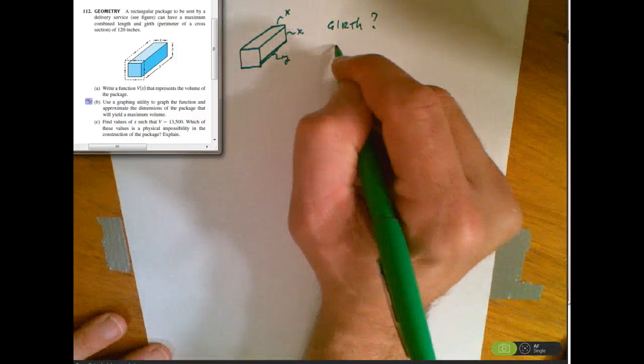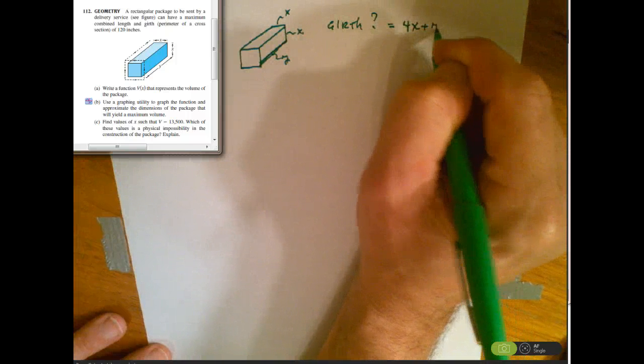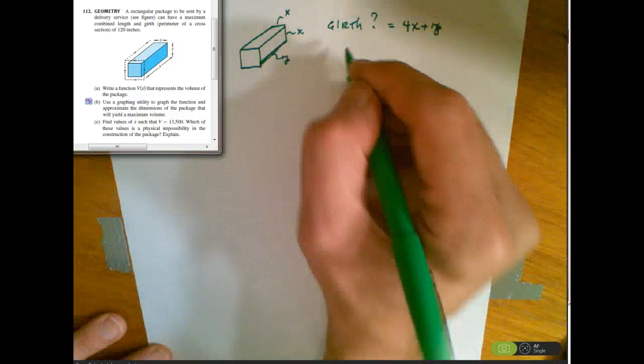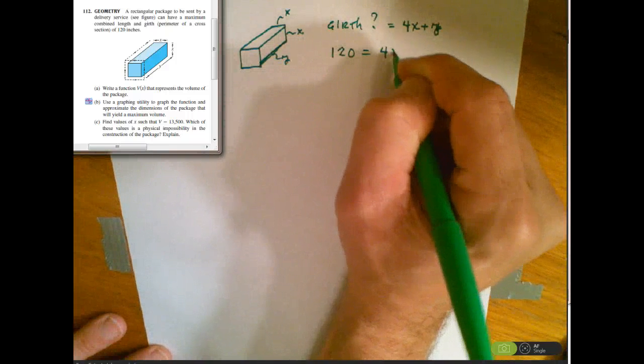I'm going to say the girth is 4x plus y. That's my interpretation of the girth. So we know that it will be 120. I'm going to write this relationship: 120 is equal to 4x plus y.